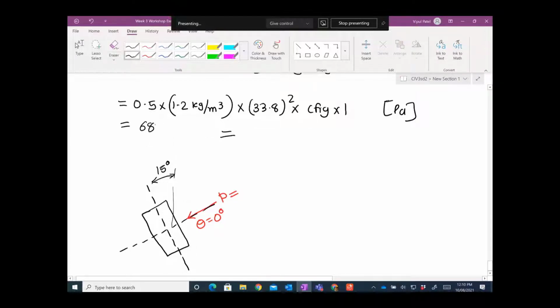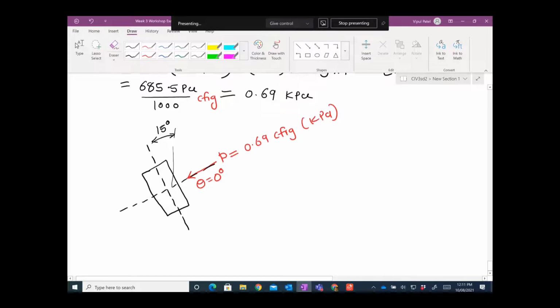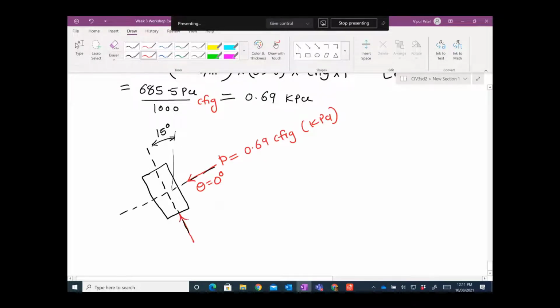You get 685.5 pascals. And if you just divide by thousand, you get 0.69 kilopascals, right? So the pressure going in this direction would be 0.69, and don't forget the units, kilopascals, right? I hope you understand the pressures on the theta equal to 0 direction, theta equal to 90 direction.